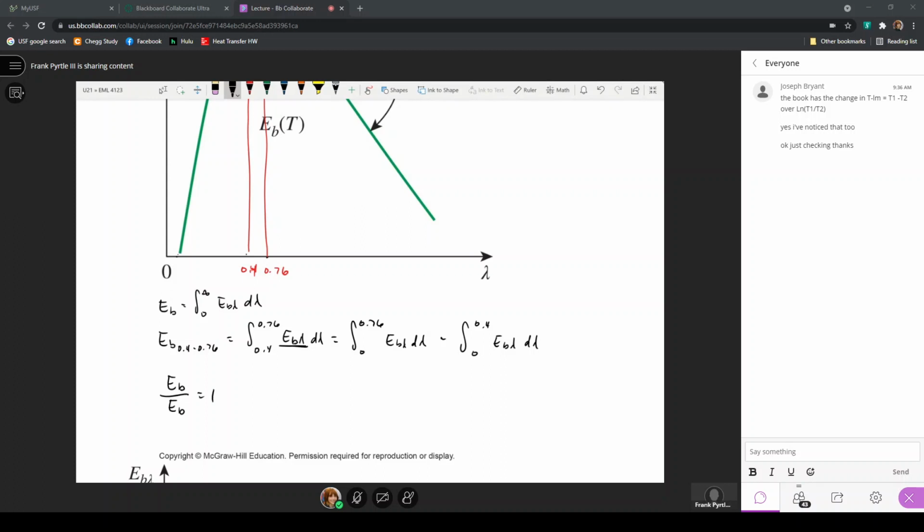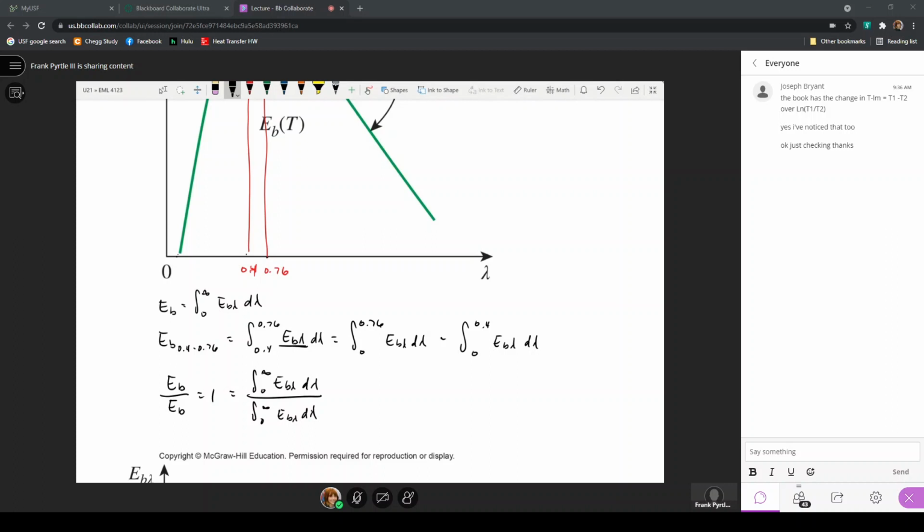And that will be equal to the integral from 0 to infinity of EB lambda d lambda over the integral from 0 to infinity of EB lambda d lambda. So that's that expression.